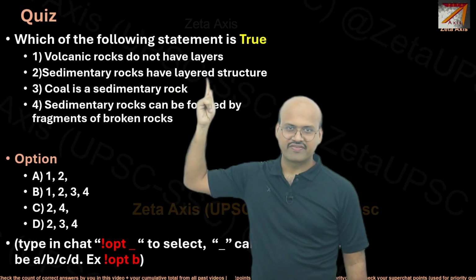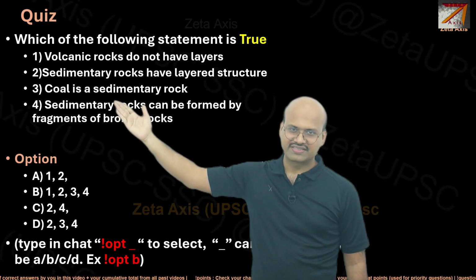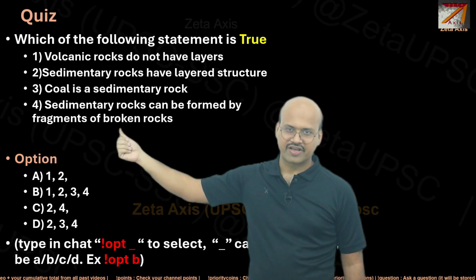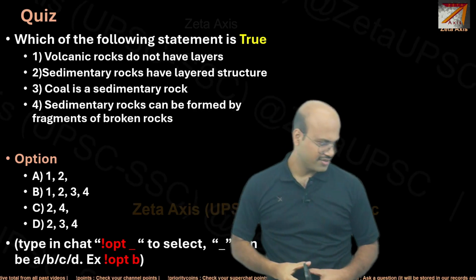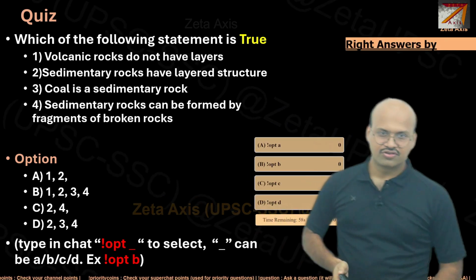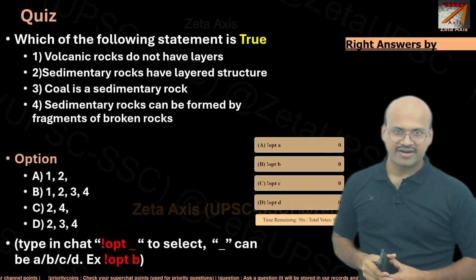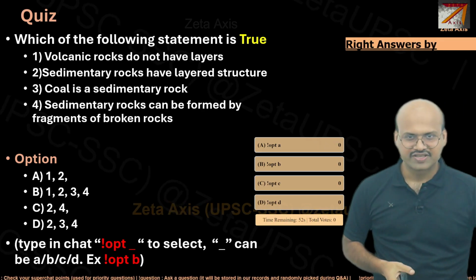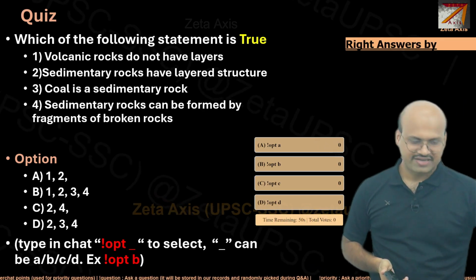Sedimentary rocks have layered structure. Coal is a sedimentary rock. Sedimentary rocks can be formed by fragments of broken rocks. Here is the poll, and you can now type in your answers. Whatever answer you believe is right, you can just type in the chat.